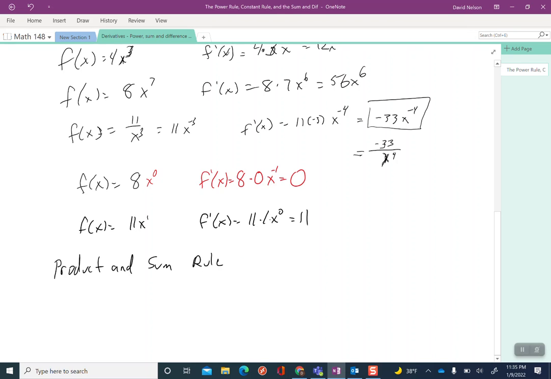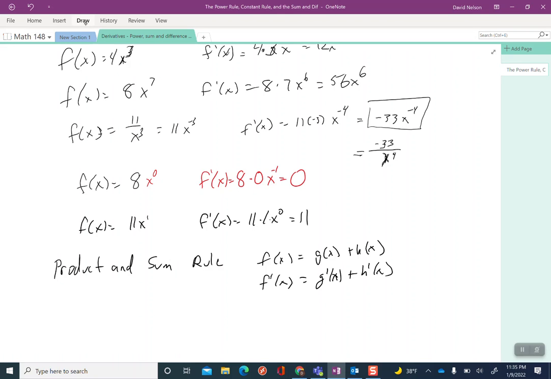All right. And then the sum rule says that if you're taking the derivative of g of x plus h of x, if you've got a couple terms added together and you need to take the derivative, you just do it piece by piece. So I'm just going to do g prime of x plus h prime of x. Or if it's minus in there, it carries down as a negative. No, not the product and sum. Difference.